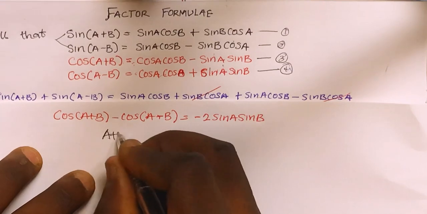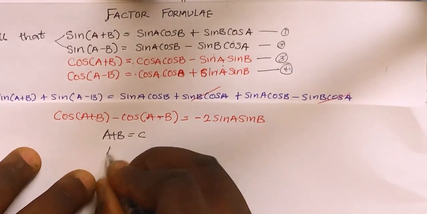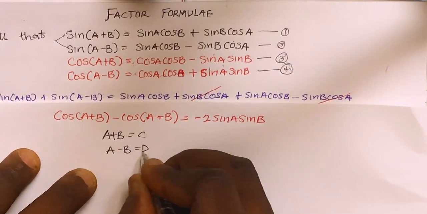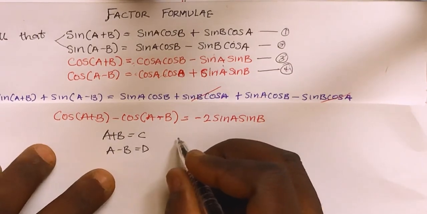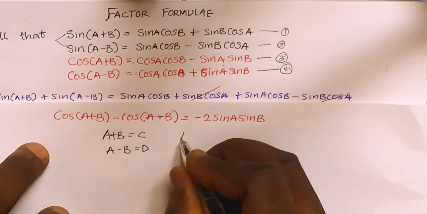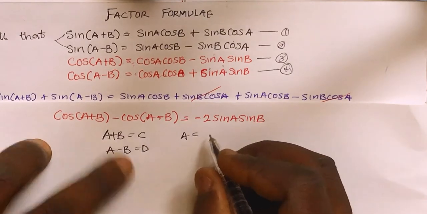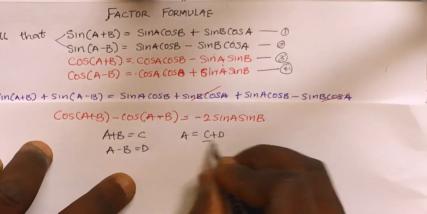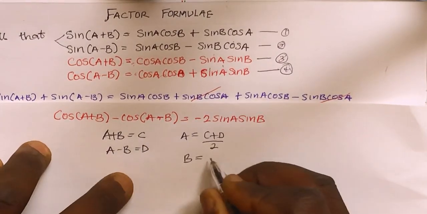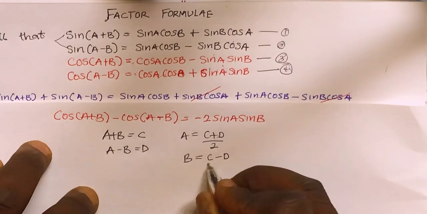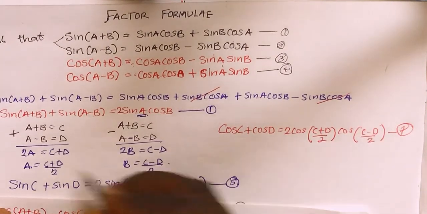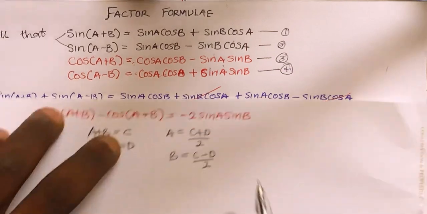Then let's go ahead and recall our A plus B equals C, and our A minus B is going to be D. Then you can make A the subject, so that A equals C plus D divided by 2 and B equals C minus D divided by 2. Let's substitute inside the formula.